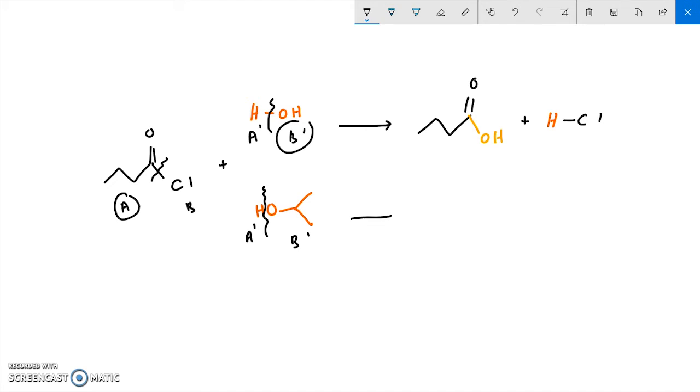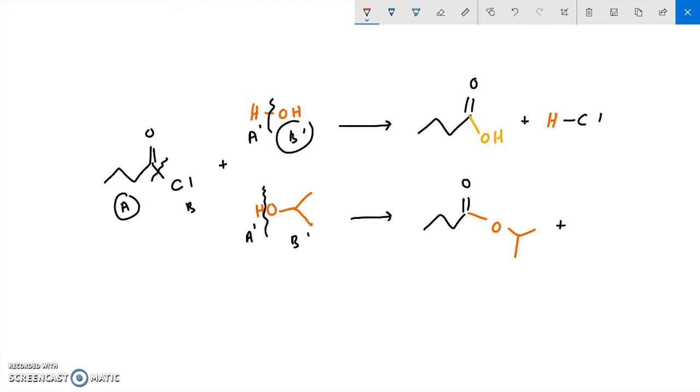If you want to draw the product, it will look like this. The 4 carbons from the A part are going to attach to the B prime from the alcohol. As you can see here, the bond is broken at the oxygen, so it needs to attach to the oxygen first, followed by the attachment to the 3 carbons.